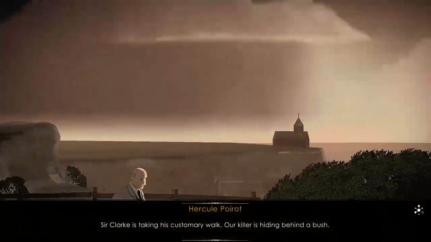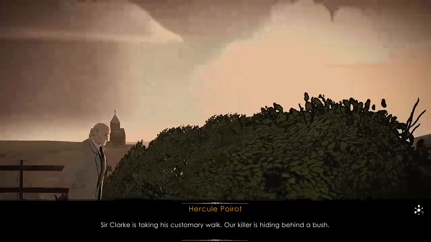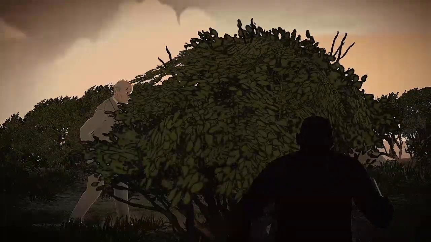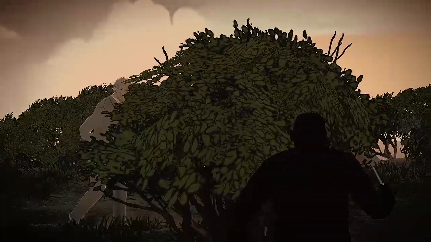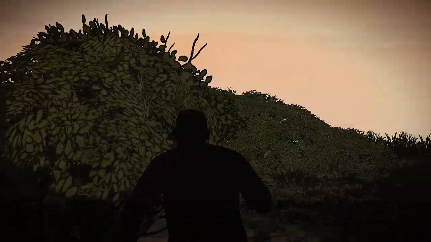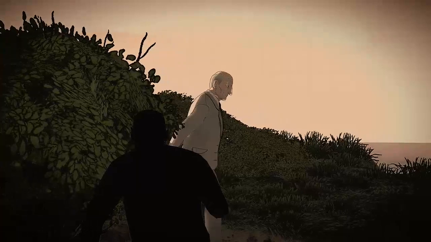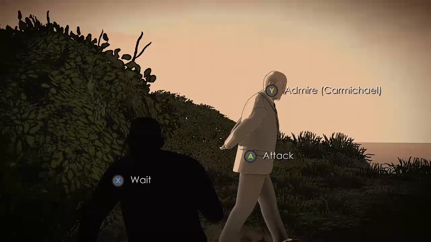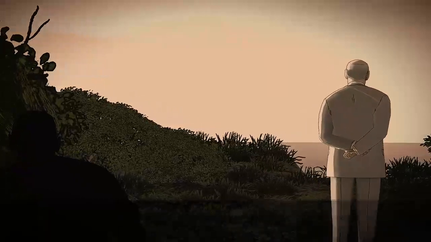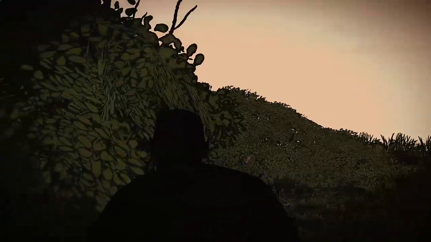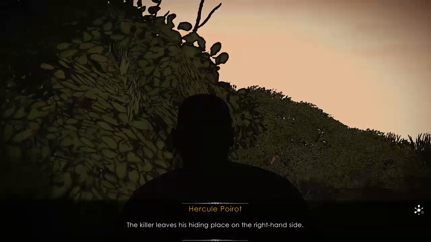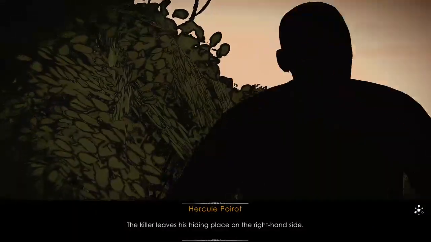Sir Clark is taking his customary walk. Our killer is hiding behind a bush. The old man walks quietly along the gravel path. But have you noticed that the knife that's missing must be one of the secretaries? Then he turns towards the sea to gaze at it. The killer leaves his hiding place on the right-hand side.